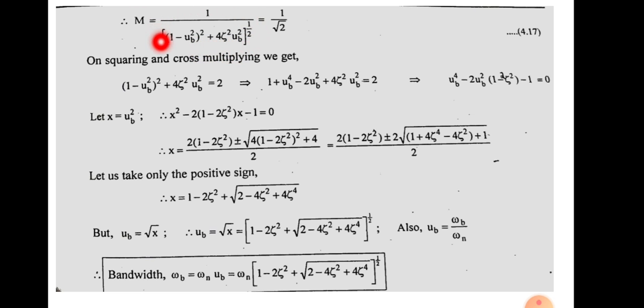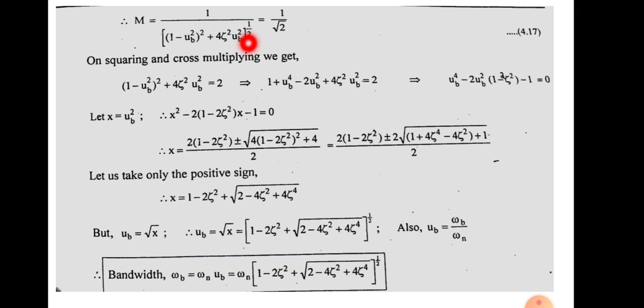Actually, this is the equation that we get from the first frequency domain specification, that is resonant peak Mr, the peak value of magnitude. In that case we got m equal to 1 by [(1 minus u square) whole square plus 4 epsilon square u square] all raised to 1 by 2, and in that equation we are putting u equal to ub.